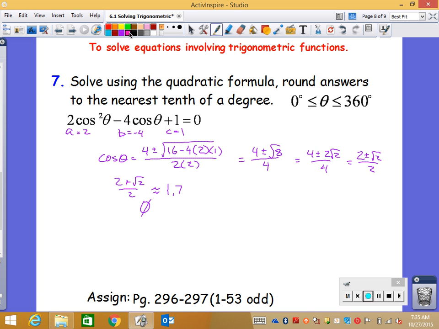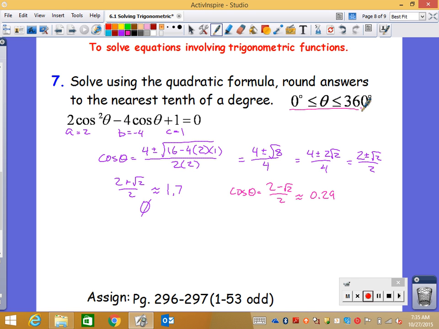With the minus side, though, I get that cosine of theta is equal to 2 minus root 2 over 2. 2 minus root 2 over 2 is about 0.29. So in my calculator, remember I'm in degrees here, make sure you're in degrees in your calculator.